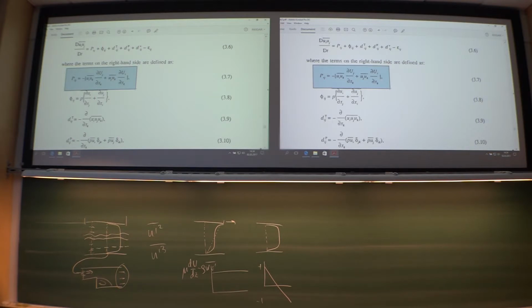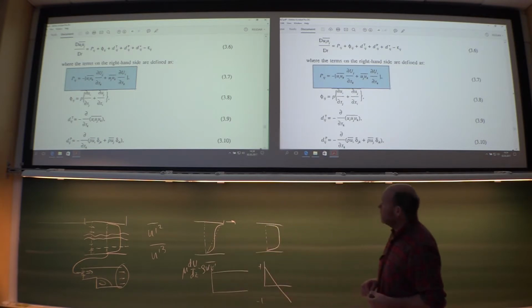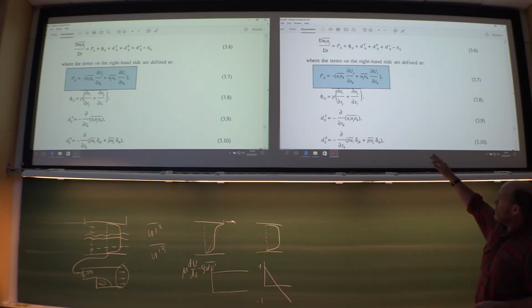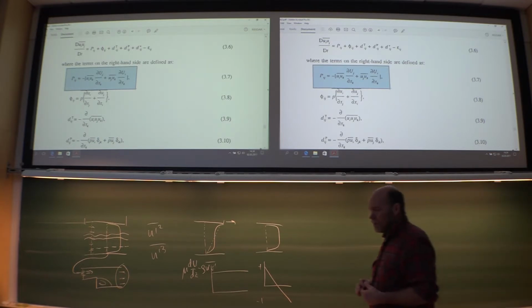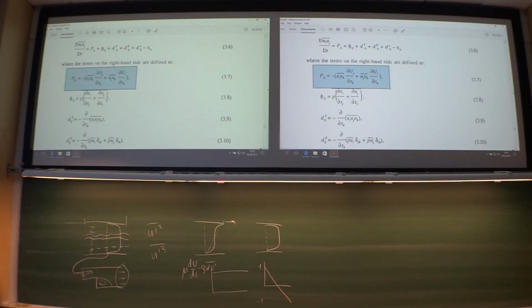There you don't have to model anything. You already have the mean velocity field, the gradients there, and the Reynolds stresses themselves, which are also unknown functions. So the production term didn't need any modeling. But all the other terms needed modeling.